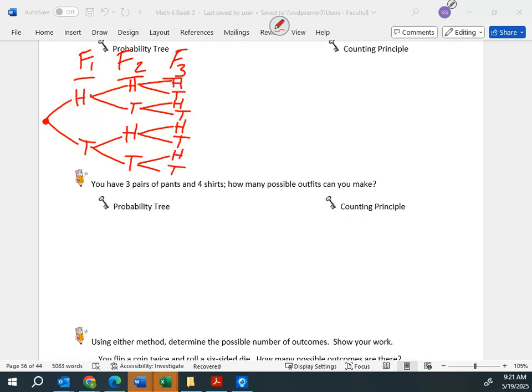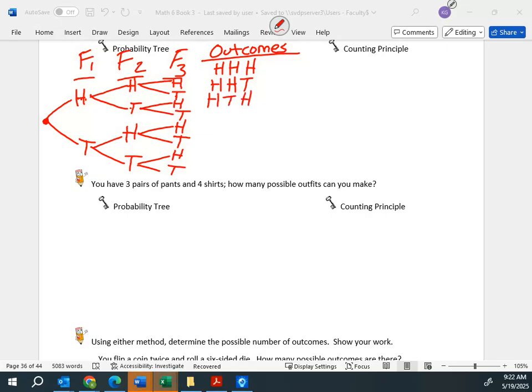So, we have a list of outcomes that we can make. What are the possible outcomes? We could get heads, heads, heads, right across the top. We could get heads, heads, tails. We could get heads, tails, heads.